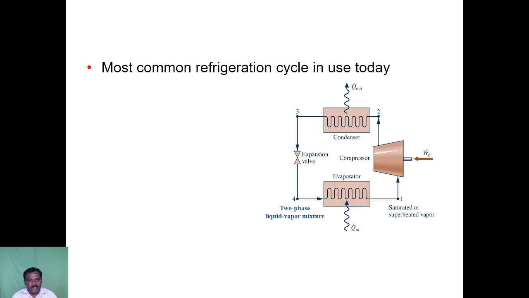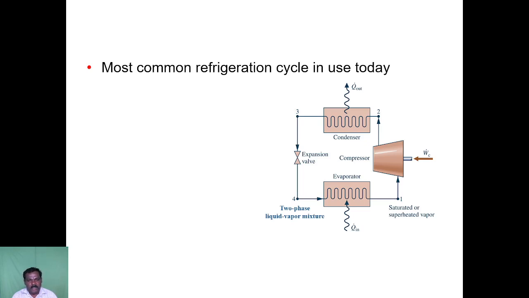Then what is a refrigerant? The fluid used for producing and maintaining the low temperature is called a refrigerant. So we have refrigeration, refrigerator and refrigerant. Refrigerant is a fluid for producing this particular effect.